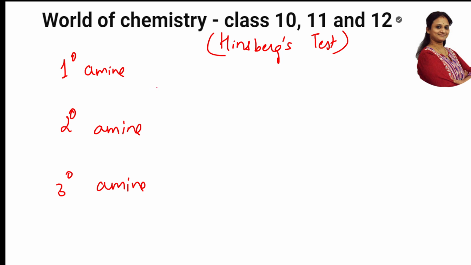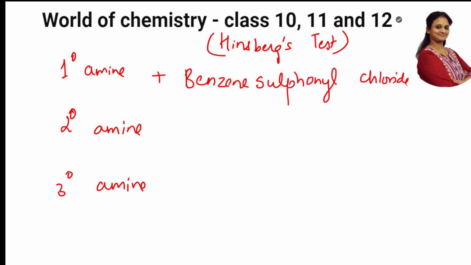What is Hinsberg reagent? Benzene sulfonyl chloride. Learn this reaction, students; I did a separate video for this. When I add it to a primary amine, you will get a precipitate. When you add KOH, the precipitate will be soluble.